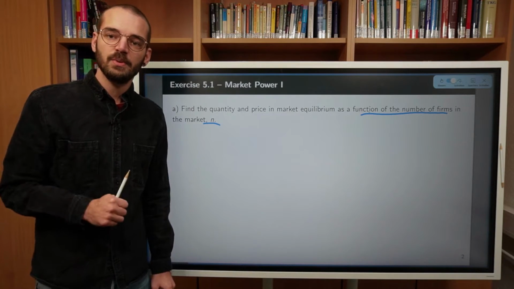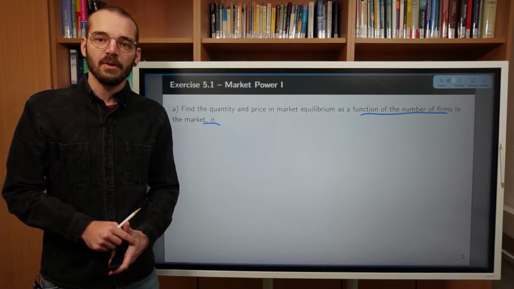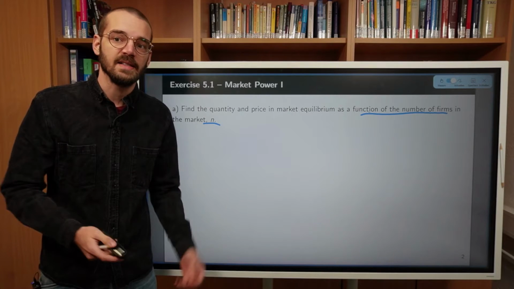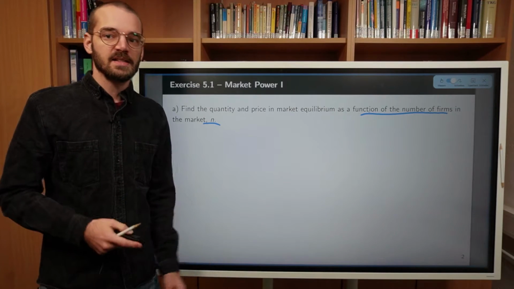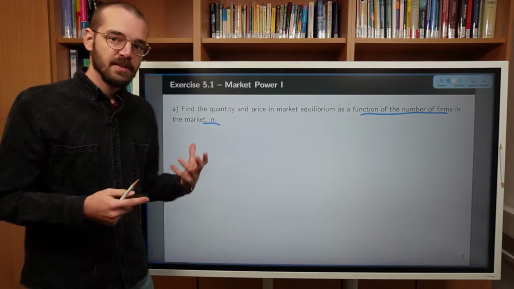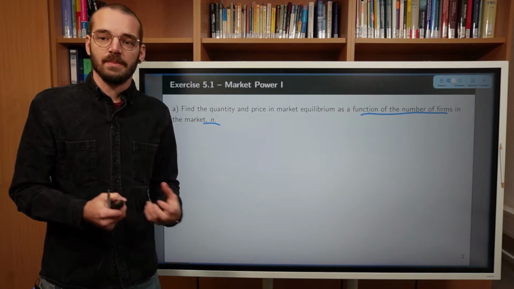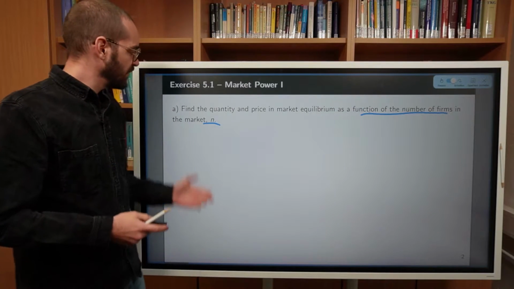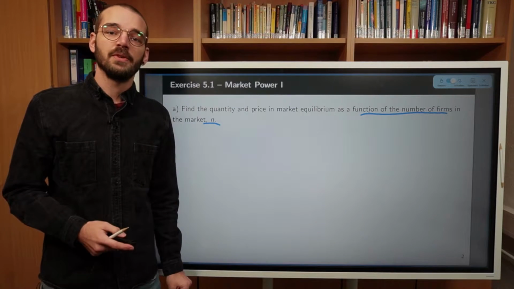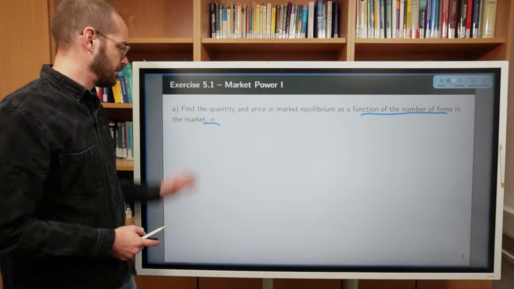In previous weeks we were always looking at situations where we knew the number of firms in the market, and then we're asked to find the equilibrium quantity and price that result under this specified number of firms. Now, this week we want to analyze the number of firms as a parameter. So, as a starting point, we will have to have a look at the market equilibrium as a function of the number of firms called n.